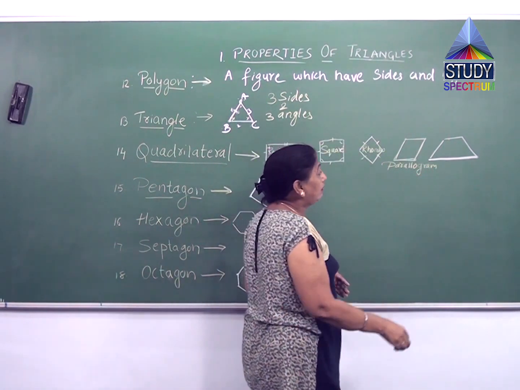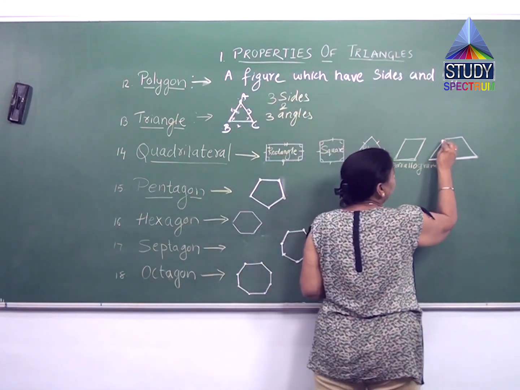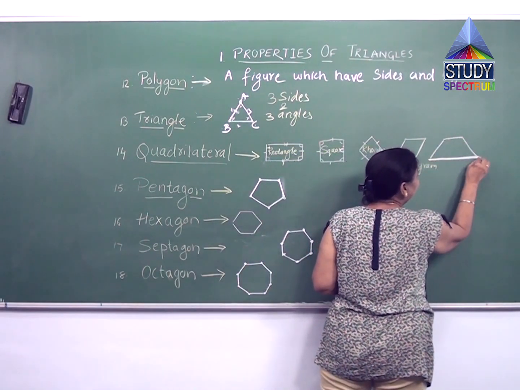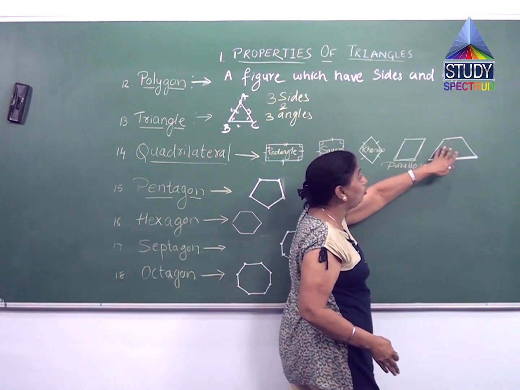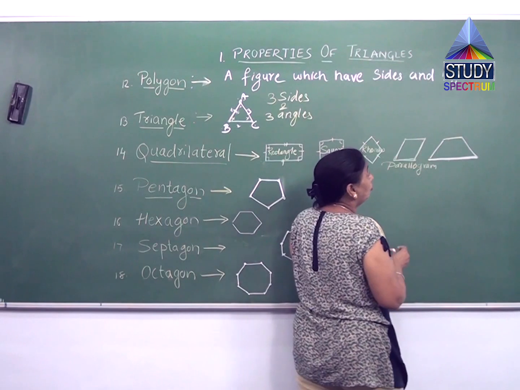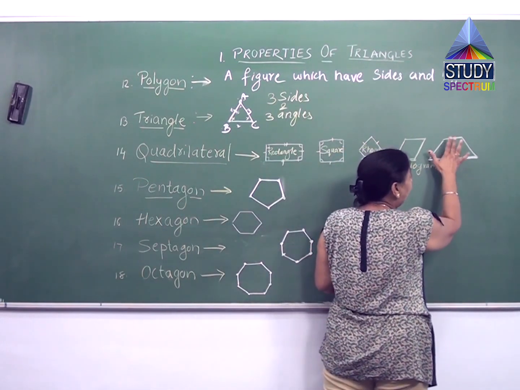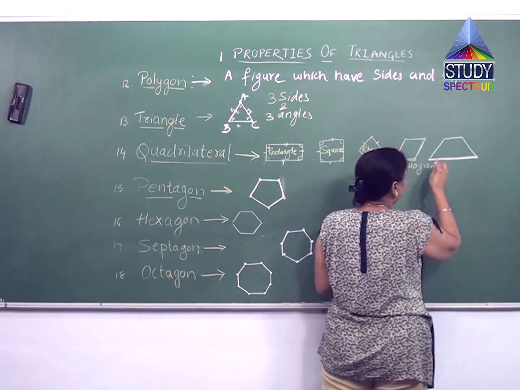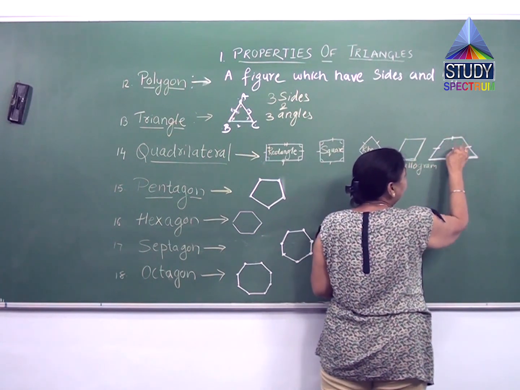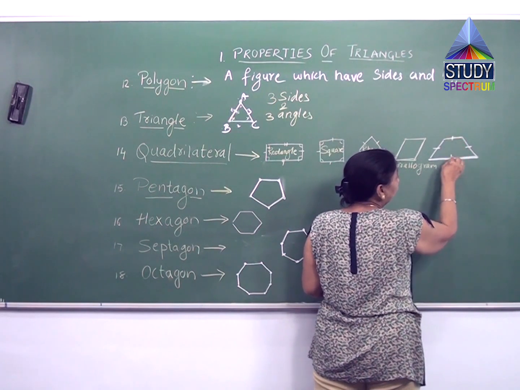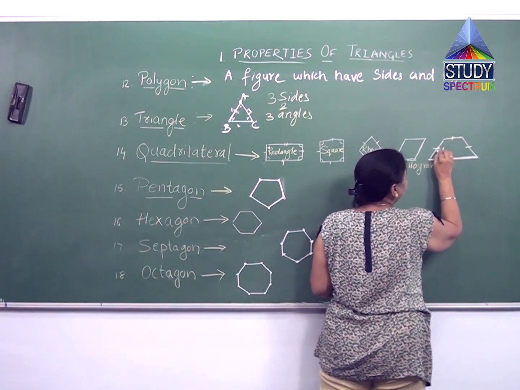Right? Now the last one, this is known as a trapezium because you can see the figure has two parallel sides and two non-parallel sides. So a figure which has four sides, here also it has four sides, first, second, third and fourth. These two segments are parallel to each other. This is known as a trapezium.